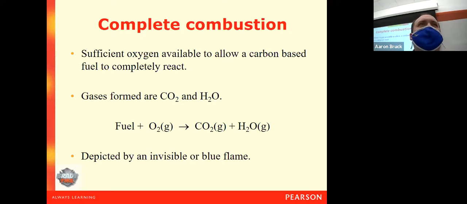We usually see these kinds of reactions show up as either an invisible flame, especially true for low carbon kinds of fuels like methanol, like ethanol, or we see them as blue flames, like what you see in your Bunsen burner when you burn the methane.